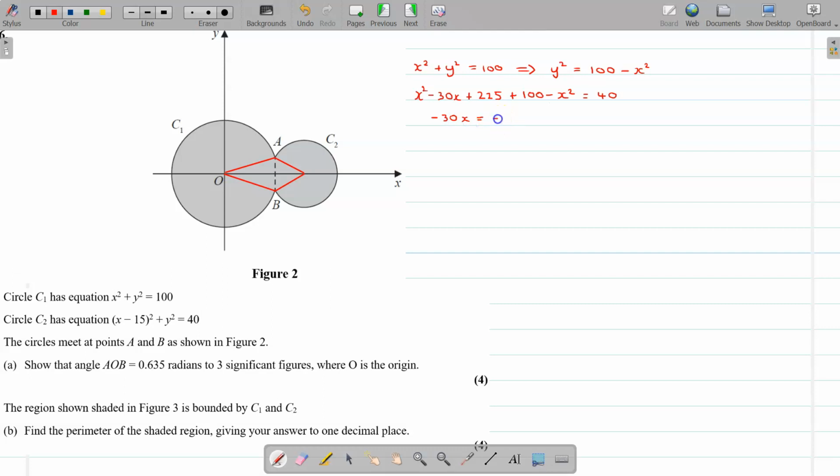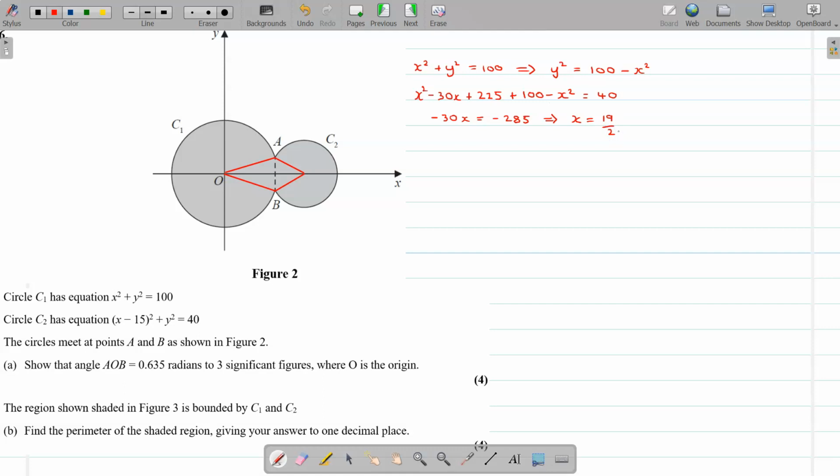equals minus 285. Okay, the x squareds have gone, and that tells us that x is therefore 9.5 or 19 over 2.